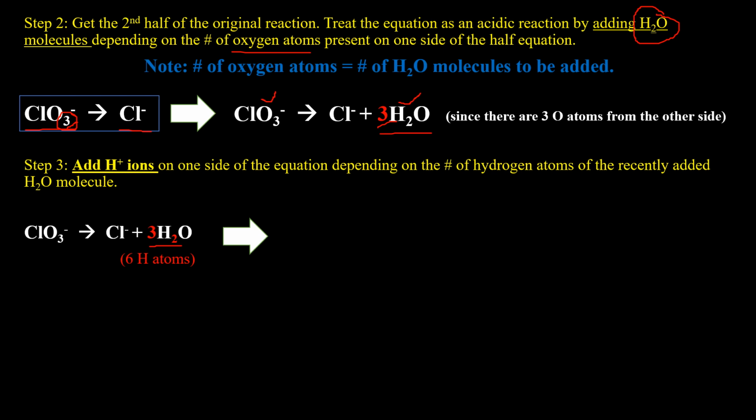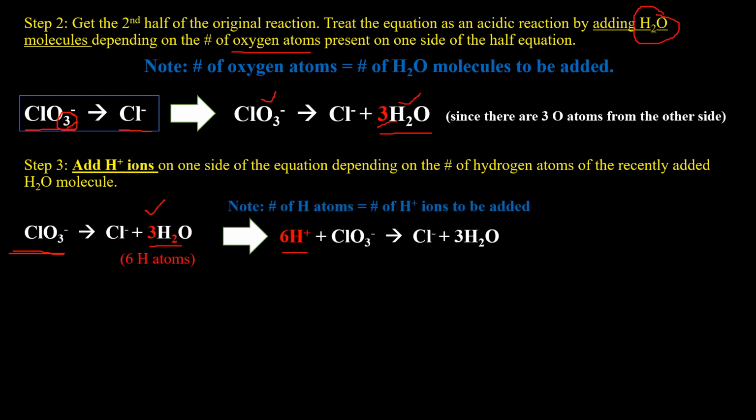So 6 will also be the number of hydrogen ions that we add on the reactant's side, because the hydrogen atoms are found on the product side. So the 6 hydrogen ions will be added on the reactant's side. On step 3, take note that the number of hydrogen atoms is equal to the number of hydrogen ions to be added.